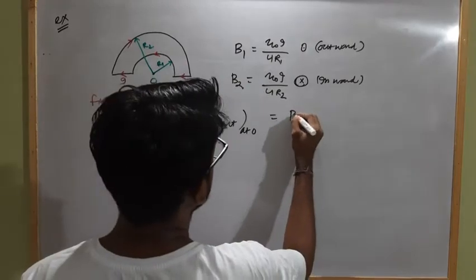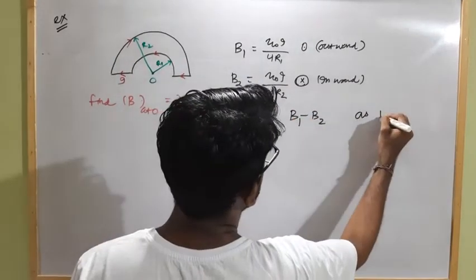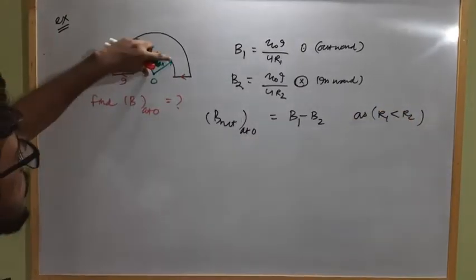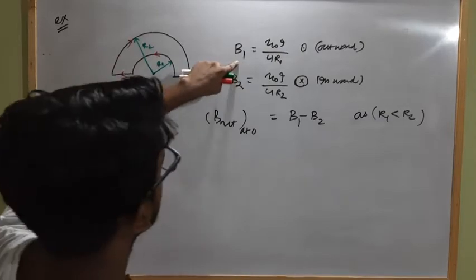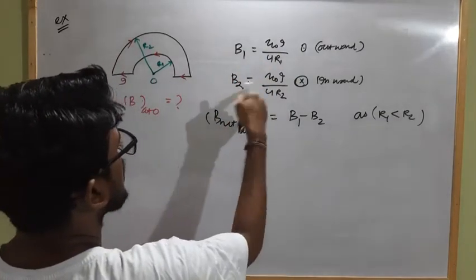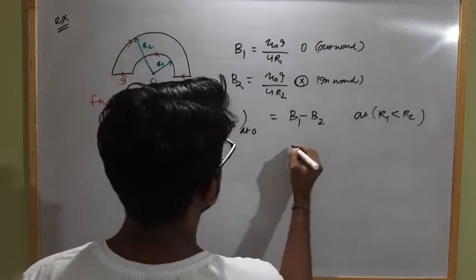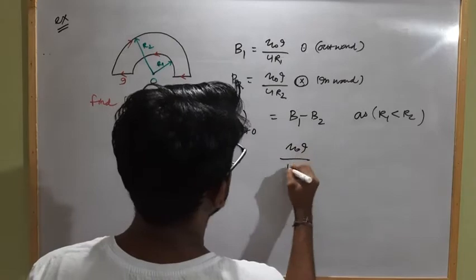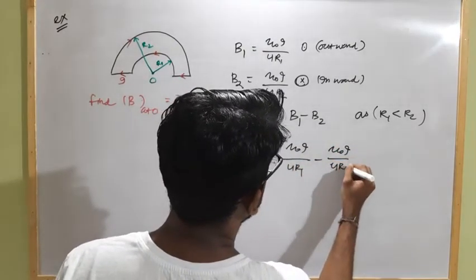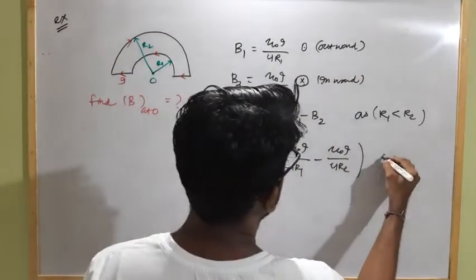So as B1 is outward and B2 is inward, B net at O will be B1 minus B2, so it will be mu naught I by 4 R1 minus mu naught I by 4 R2, and the direction will be as that of B1, outward.